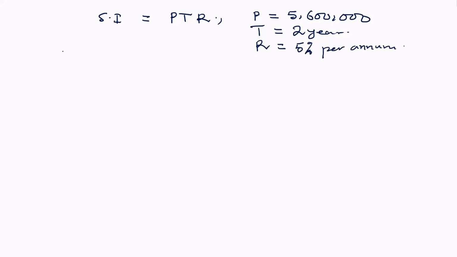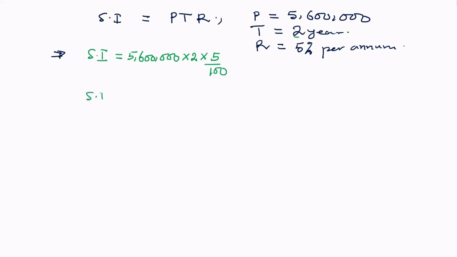So what does it mean? It implies that our simple interest is going to be equal to our principal, 5,600,000, multiplied by the time, which is 2 years, then multiplied by the rate, which is 5%, the same as 5 divided by 100.